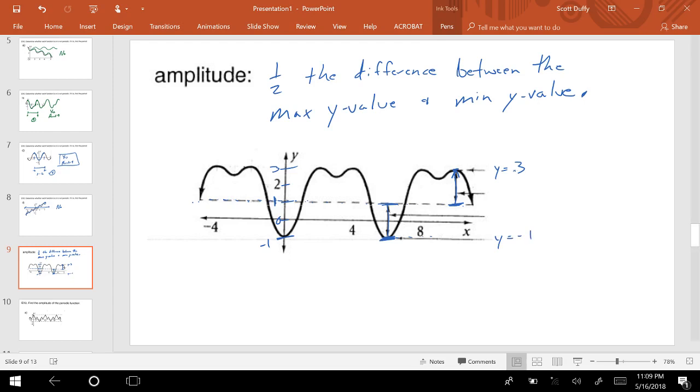So that would be the maximum and the minimum. The difference between 3 and -1, well, you could subtract them, is 4. Half that distance, or difference, is 2. So what you should see is that 2 is the distance from that imaginary middle line to the top, and then that imaginary middle line to the bottom. That is your amplitude.